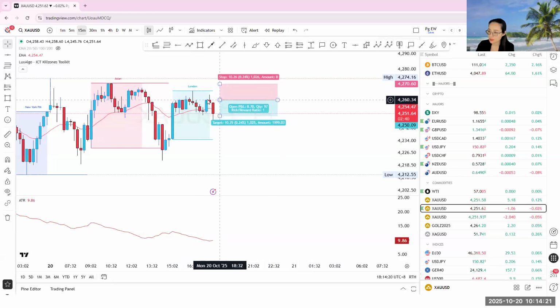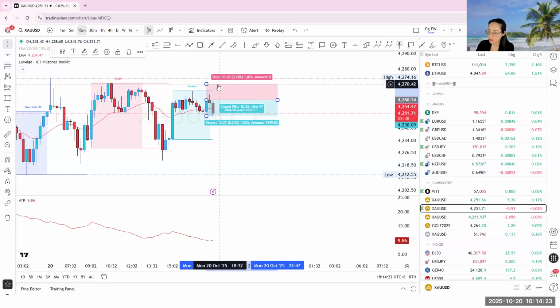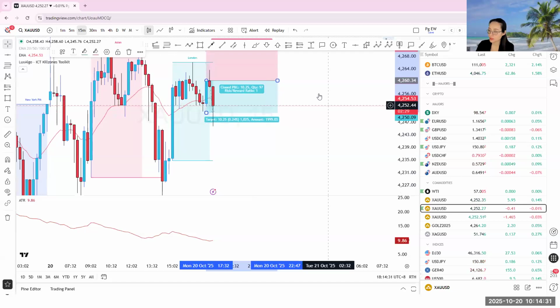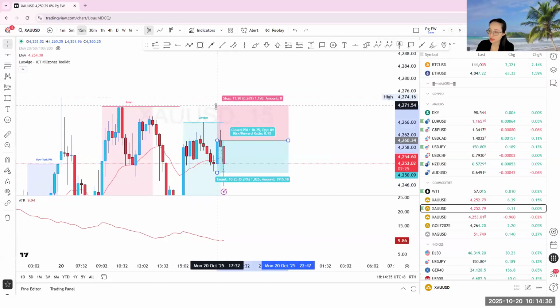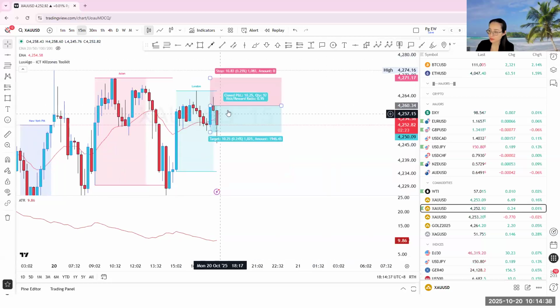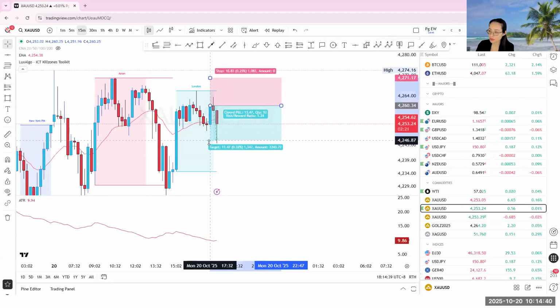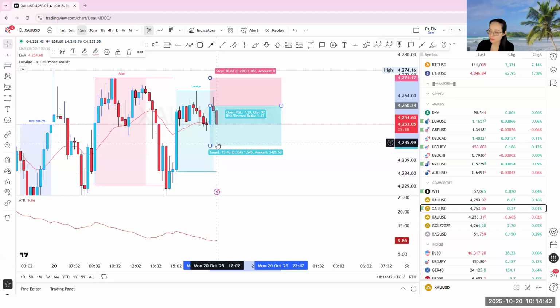If you were to open here at the body, and then just round up, 1,000 point. If you hit your take profit, you put it here, or you can put it at the Asia high. Risk and reward, you can go here. It almost hits your take profit, which is this low 45.